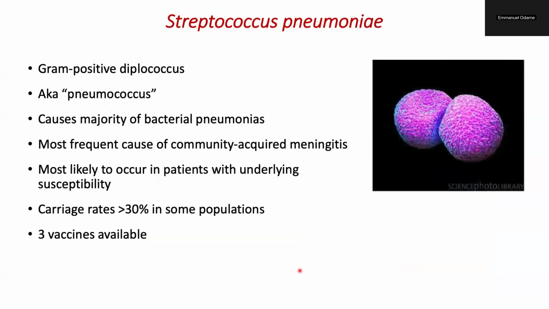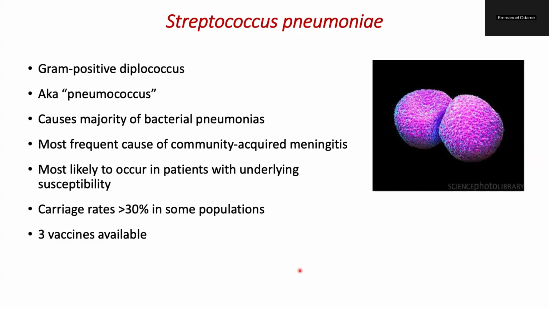Next on our list is Streptococcus pneumoniae. This one does not cause petechiae or the red swelling that we've seen earlier. This is a gram-positive diplococcus bacterium, also known as pneumococcus, and it causes the majority of bacterial pneumonias that we know.